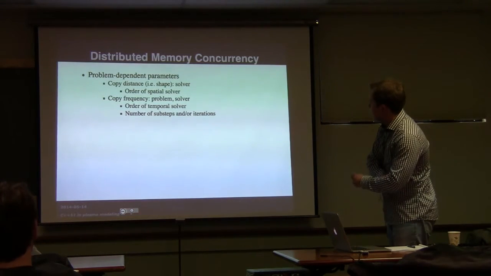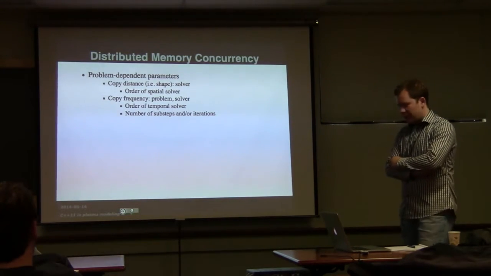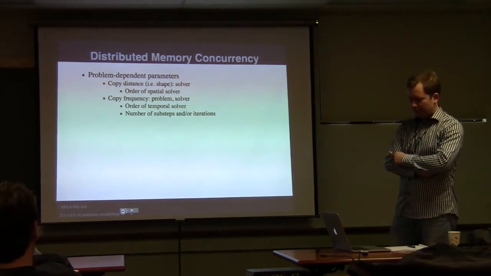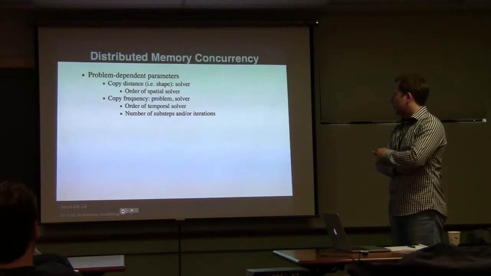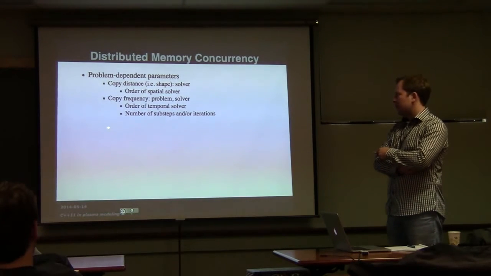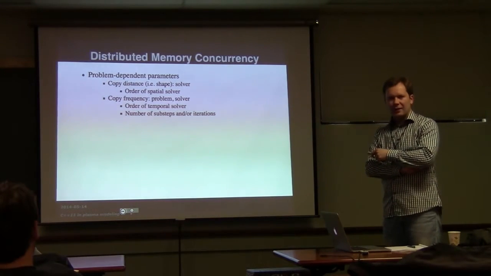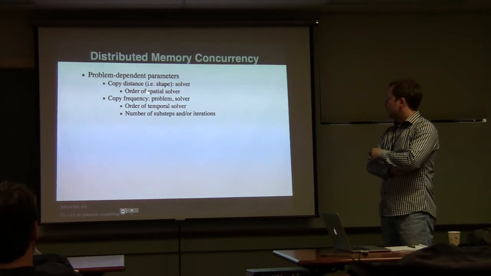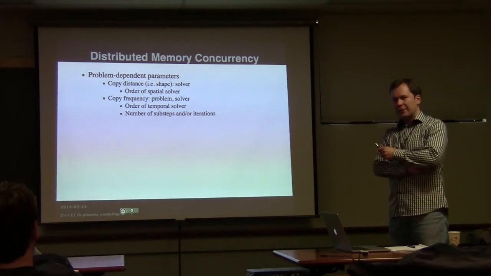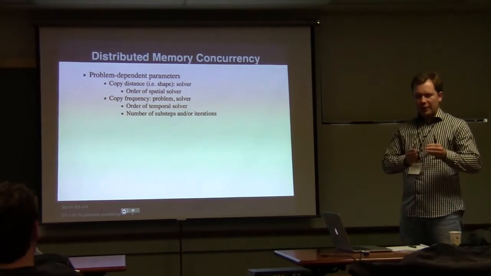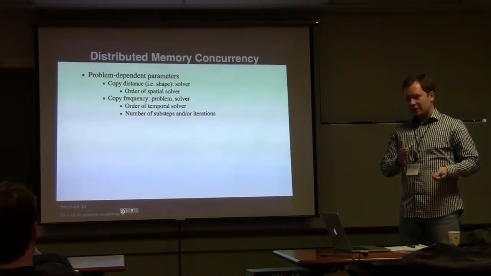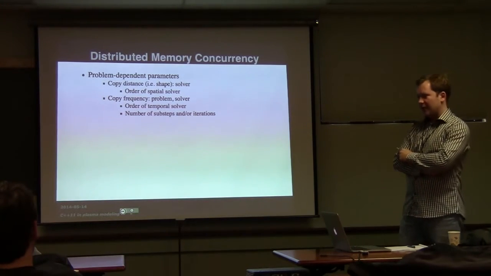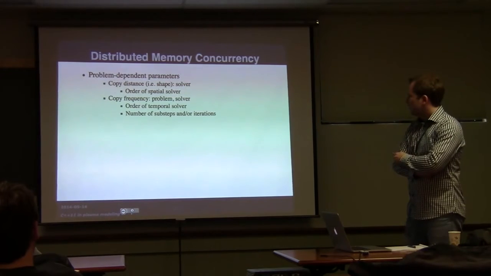The details depend a lot on the problem and the method of solution. For example, the distance from which you have to copy the data depends on the solver and its order. Higher order solvers usually require a longer distance to copy from. This increases communication, which might affect scalability or might not.